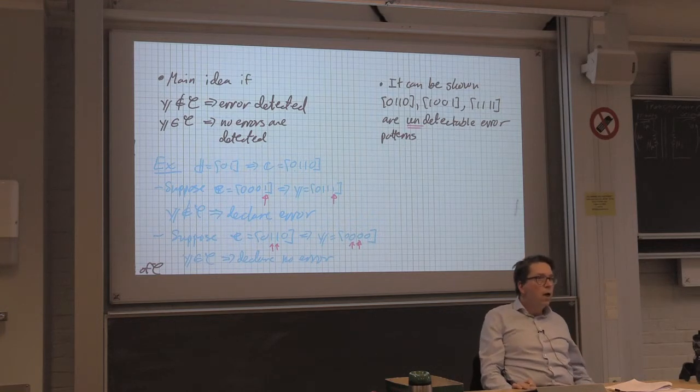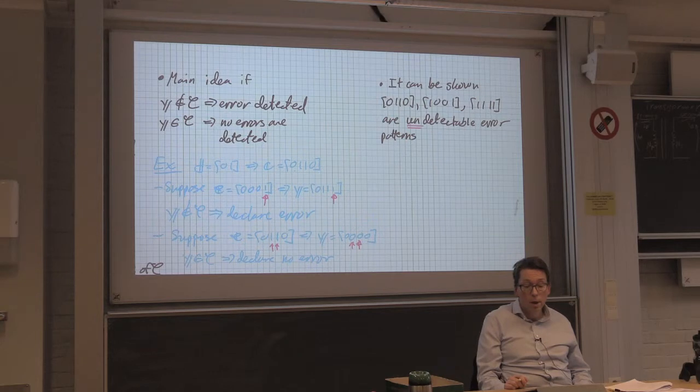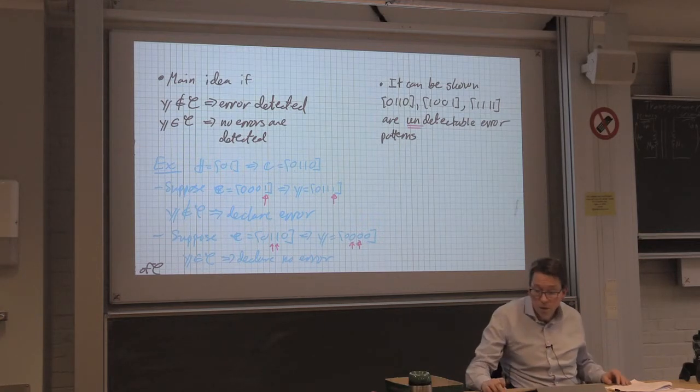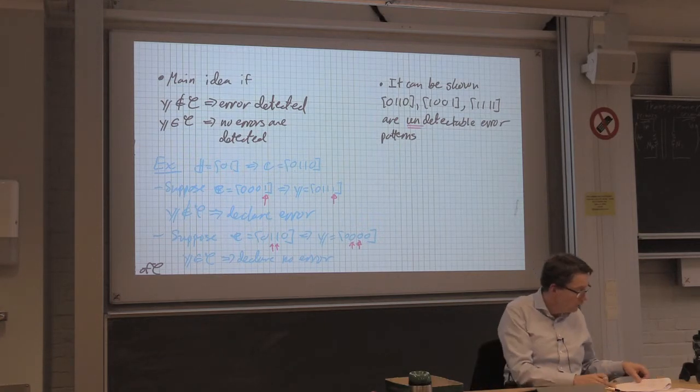Okay. All other error patterns we can detect, but there are three that we are unable to protect ourselves against. So there are 16 possible error patterns, where one is no error, but out of the 15 real error patterns, where we have one or several errors, there are 3 of them that we cannot protect ourselves against using this code. Okay. The other codes that we use in practice are much, much better than this example.